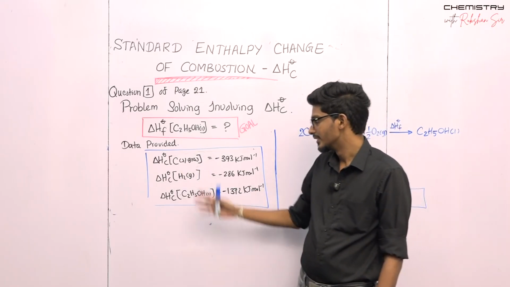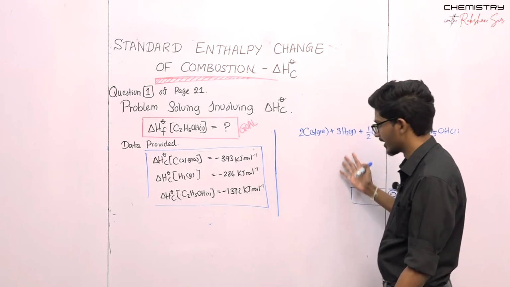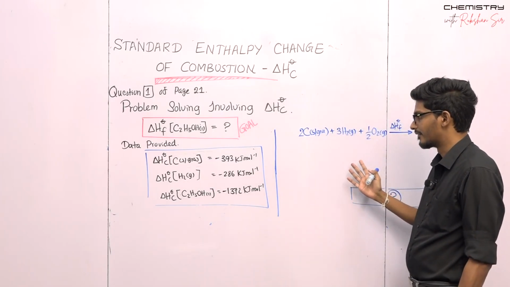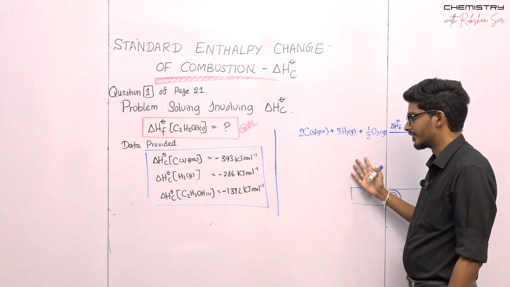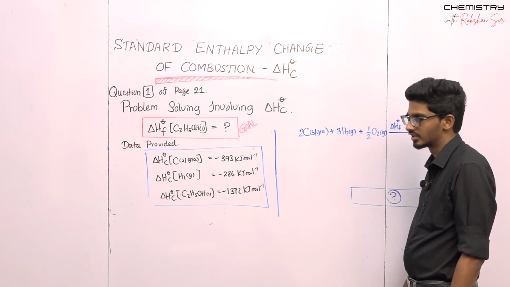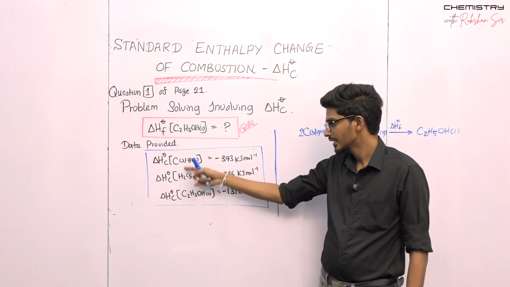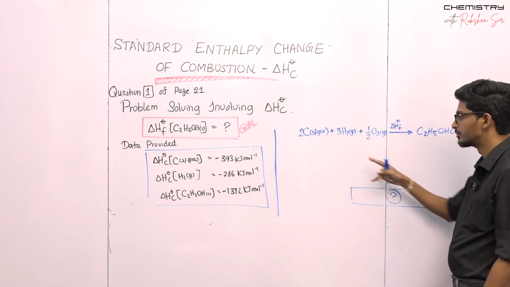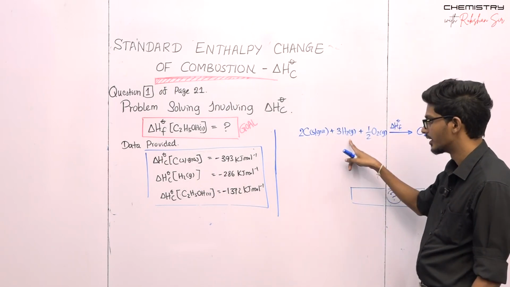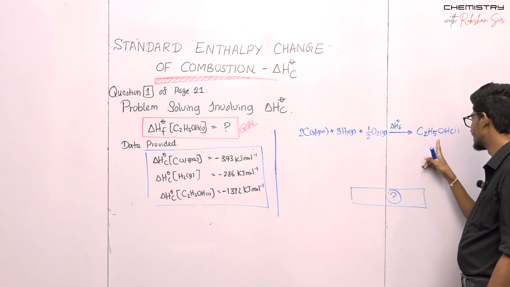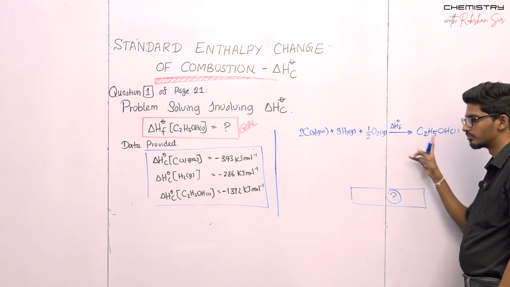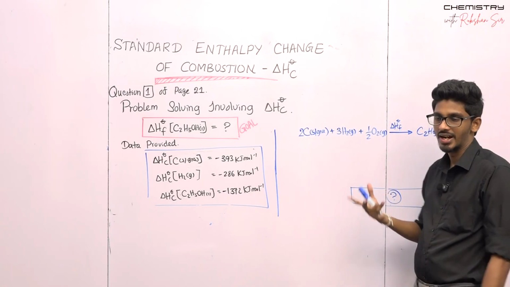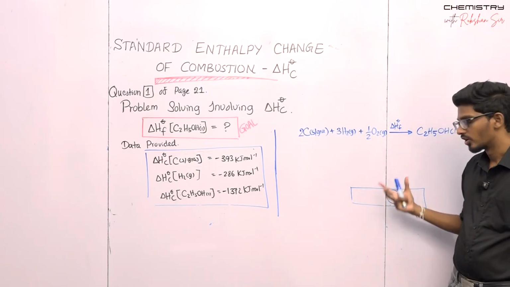Then look at your diagram and see what is not already written. The species to combust, carbon, hydrogen as well as C2H5OH liquid, are already written, but you haven't written the oxide set.